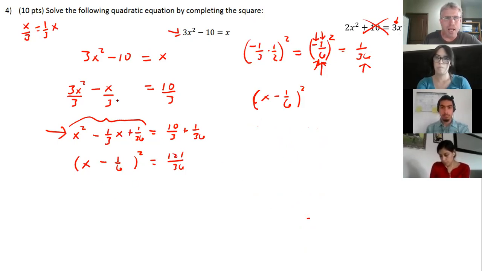And then the idea behind completing the square is you can then use the square root property. And the square root property is predicated on the variable only showing up inside of a squaring. Because if the variable that you're trying to solve for shows up inside of a squaring, you can cancel the squaring by taking the square root.